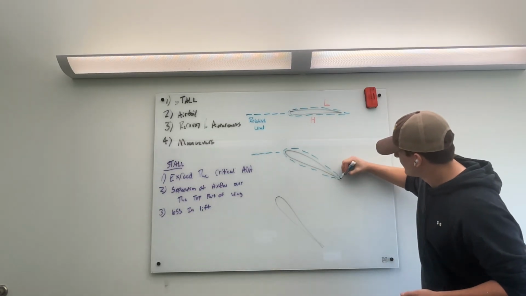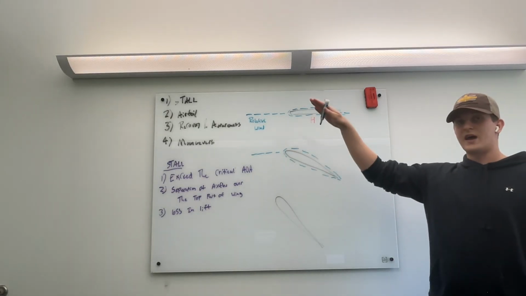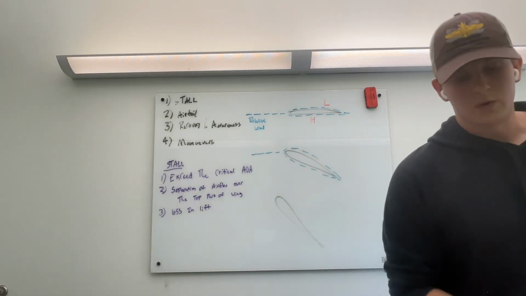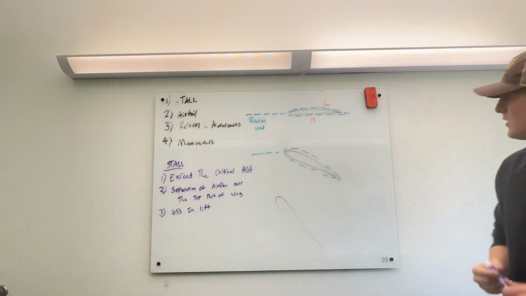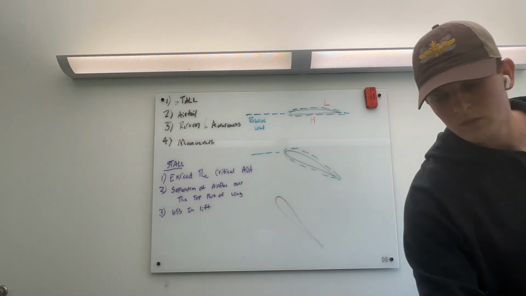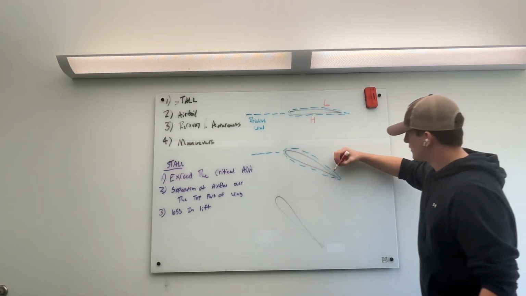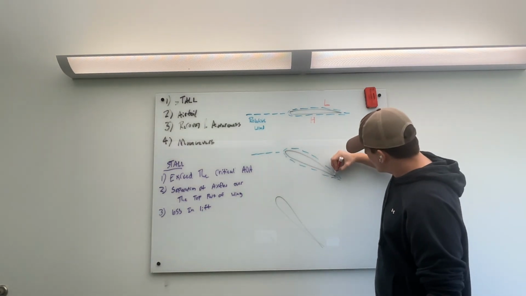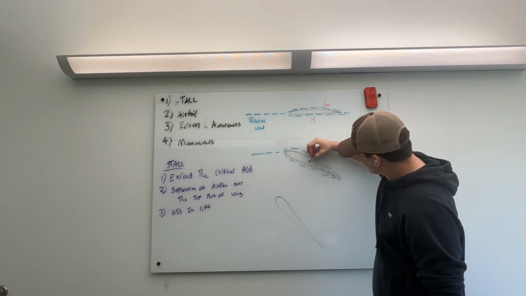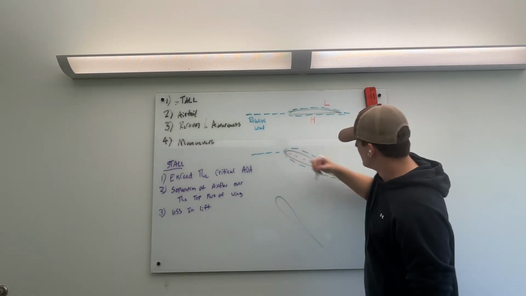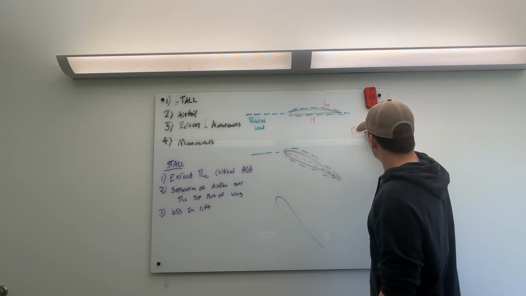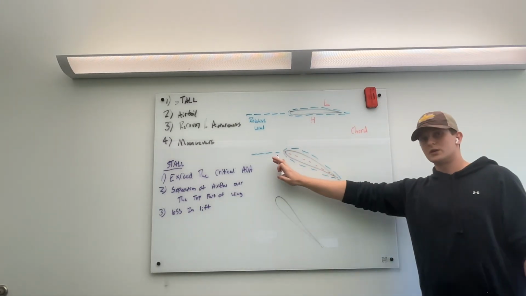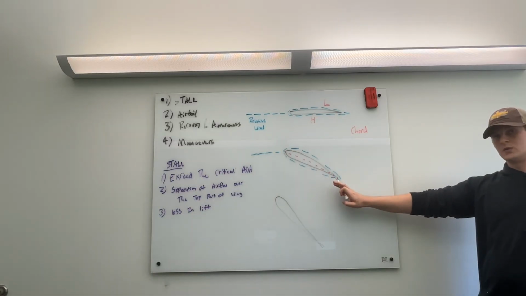Since its angle of attack has increased, let's go ahead and define angle of attack real quick. The angle of attack is the angle in which the relative wind interacts with the chord line. What's the chord line? The chord line, that's C-H-O-R-D, is the imaginary line from the leading edge of the wing to the trailing edge of the wing.